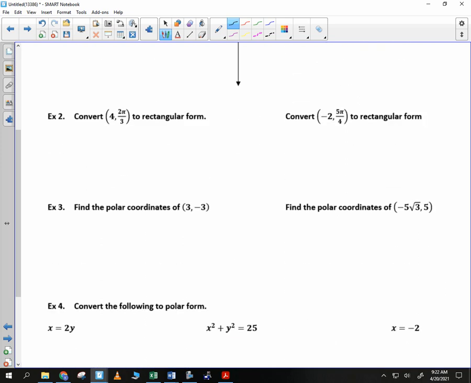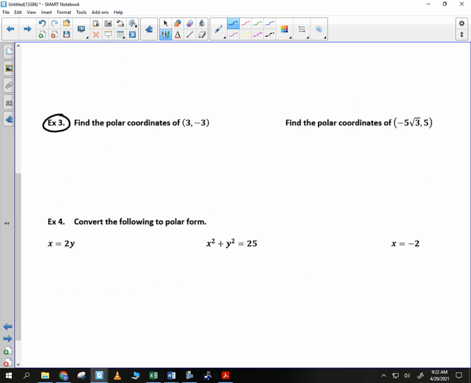This we've done before. Let's go ahead and do it again. Let's do example 3. It says, find the polar coordinates of (3, -3). That means I need to take this xy and turn it into r theta.